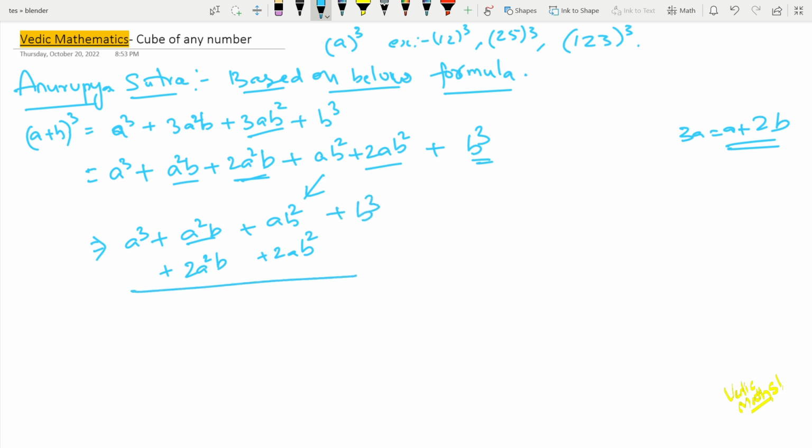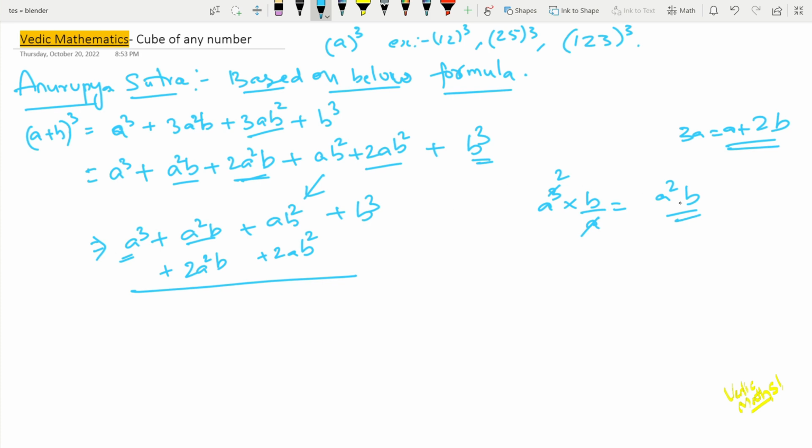If you observe carefully, what we have here is a cube, and we have a square b, which is our second term. If I multiply a cube by b by a, what I get is a square b.